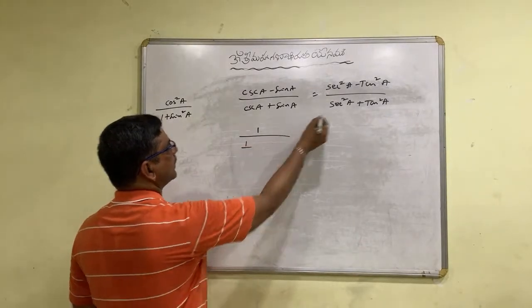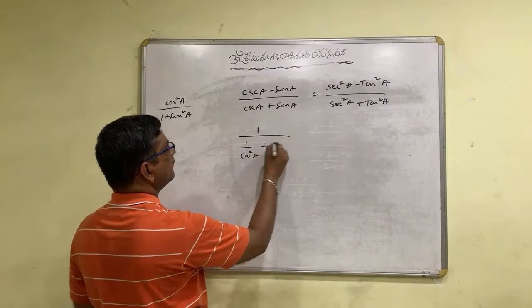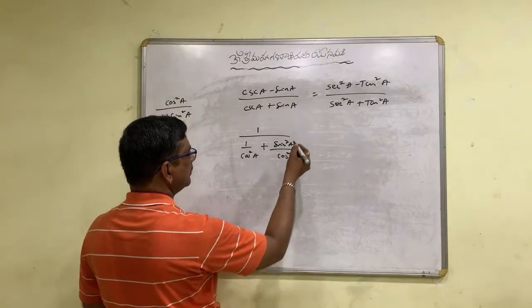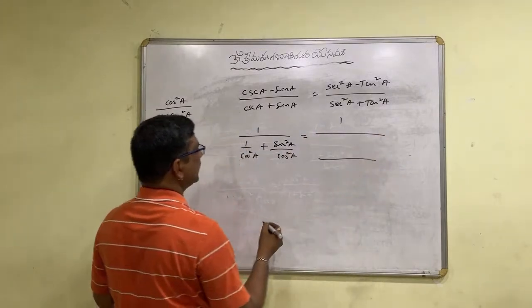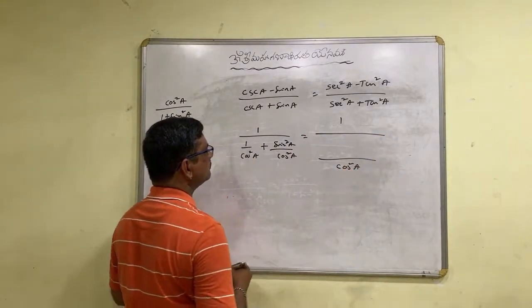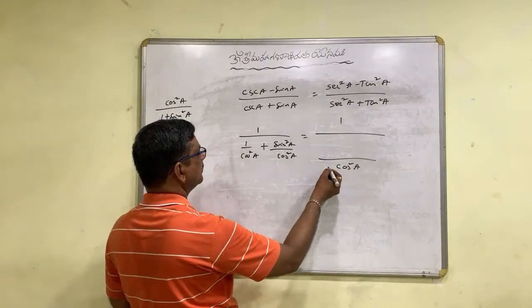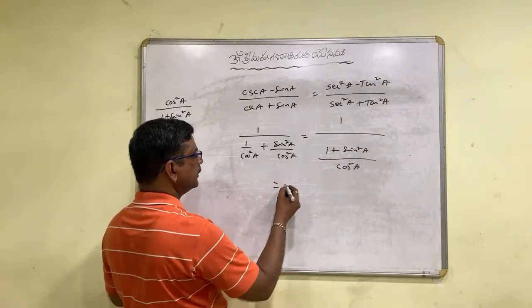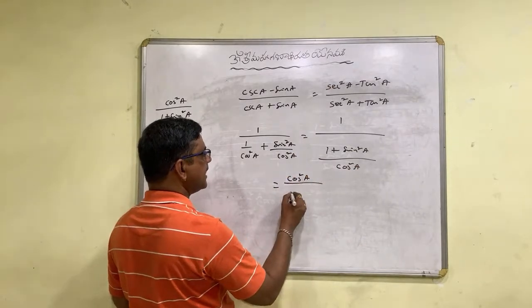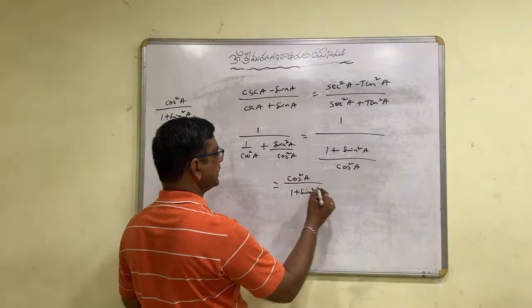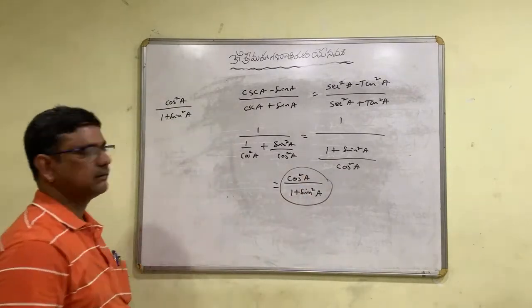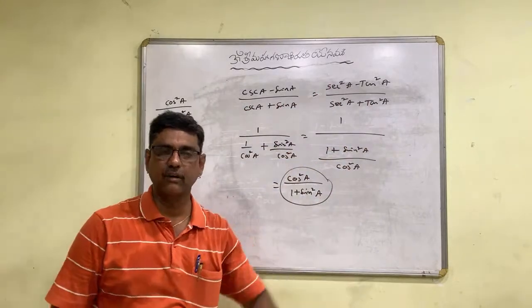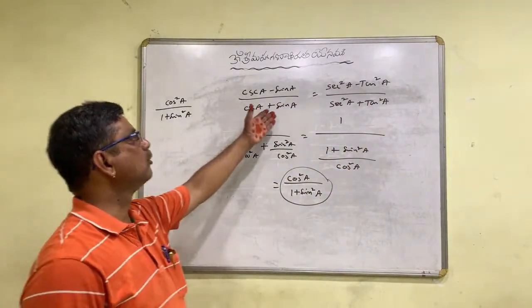This one I will write as 1 by cos square A, and tan square A as sin square A by cos square A. Now I will consider cos square A as LCM, and I will be left with 1 plus sin square A, and this cos square A will go to the numerator and becomes cos square A by 1 plus sin square A. So whatever result we got in the simplification of LHS, we got the same result in the simplification of RHS. So we can say that both are equal.